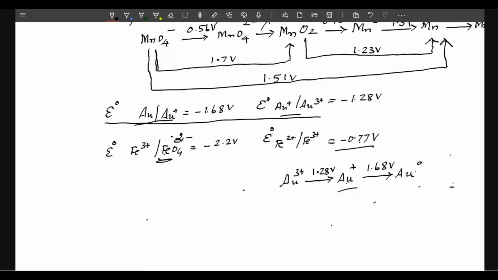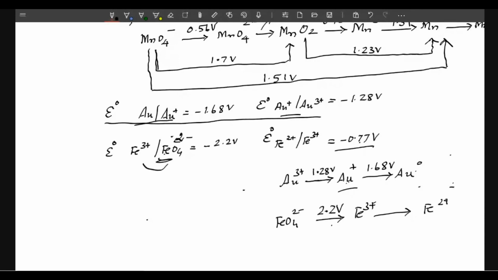How, sir? I will tell you. Similarly, now write down the next one, FeO4 2- giving Fe3+, giving Fe2+. This is a Latimer diagram, Fe plus 6 to Fe3+. Here it is given as oxidation potential value, and we need reduction potential, therefore 2.2 volt.